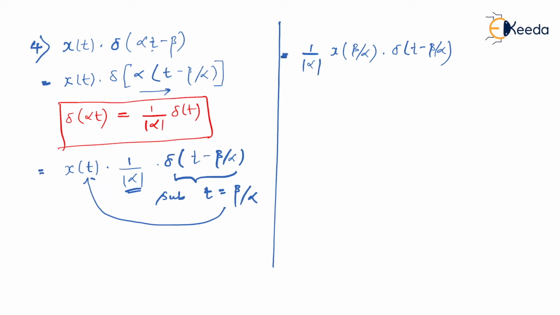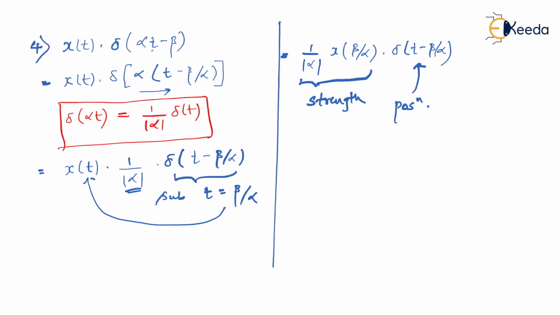So now this becomes the final answer. This is what we call the strength of the impulse signal, and this is the position of the impulse.